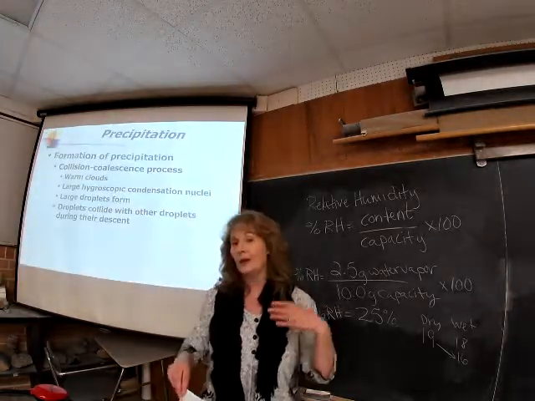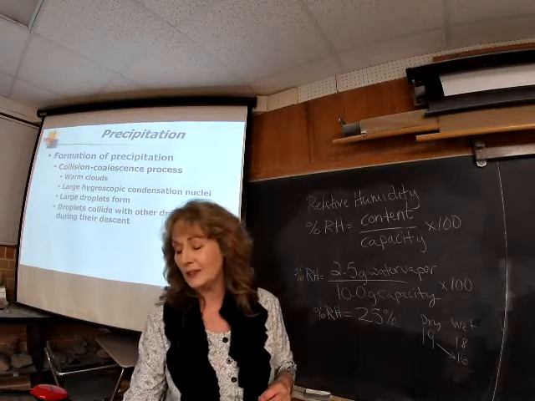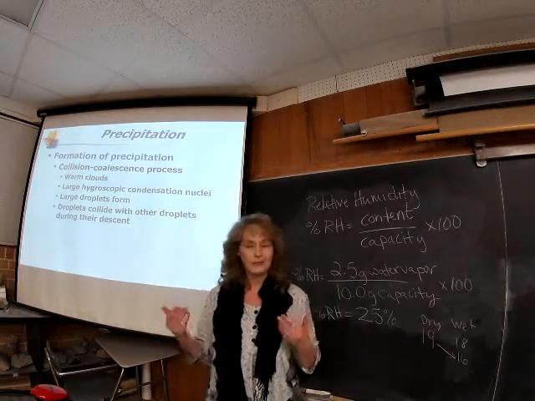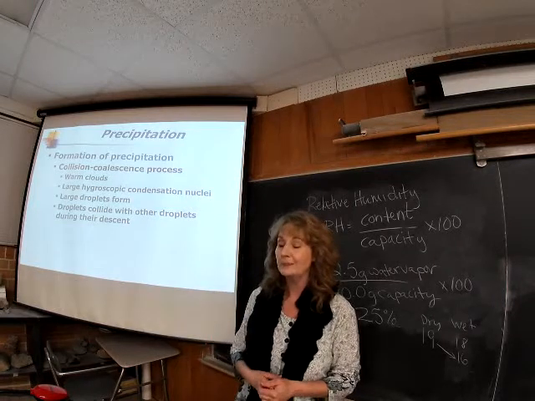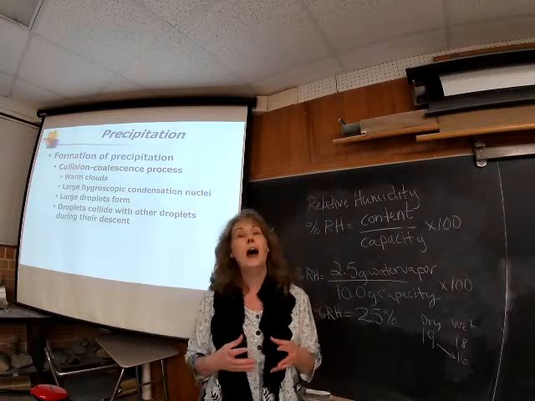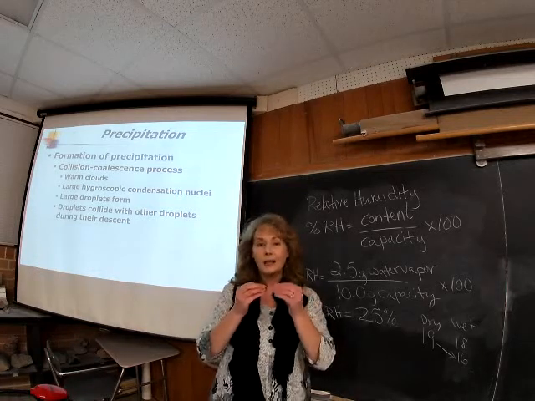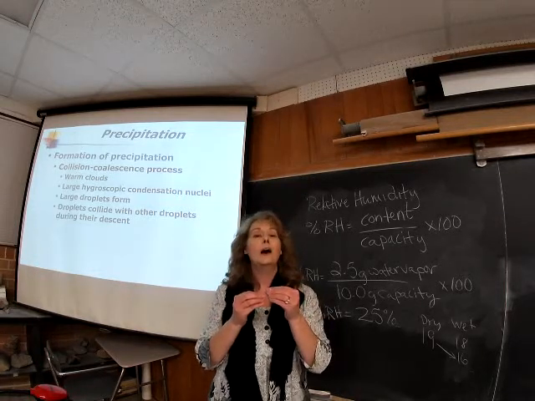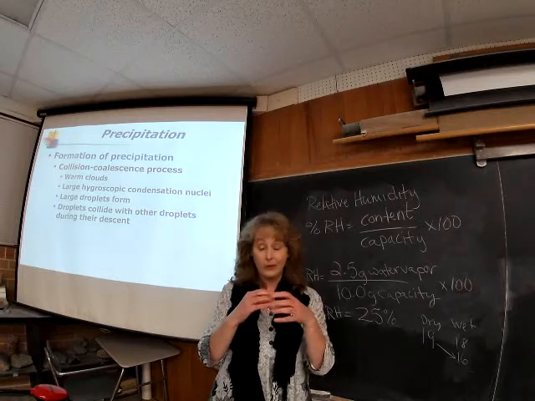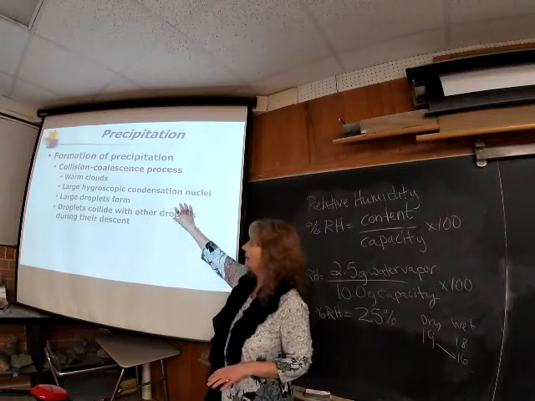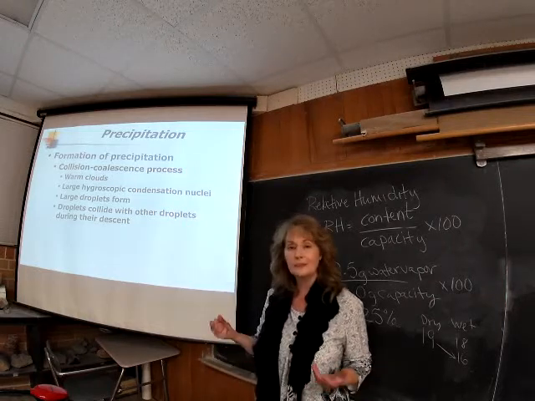The other one, a warm cloud. This one's called the collision coalescence process. So basically it happens in warm clouds, but you have very large hygroscopic condensation nuclei. So nuclei, little particulate matter that attracts the water vapor. So you're able to condense some large droplets forming with this method.